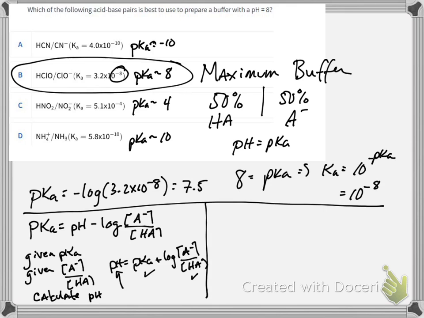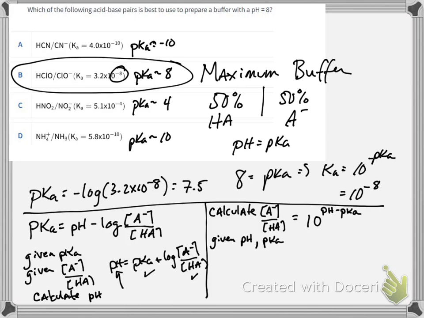But as we saw in class, this is not always what we're after. Sometimes what you're asked to do is calculate the A minus over HA. Like, what is that ratio? And in that ratio, we would want to use the form of 10 to the pH minus pKa. And we use that when given pH and given pKa, which is the case we have for this problem.